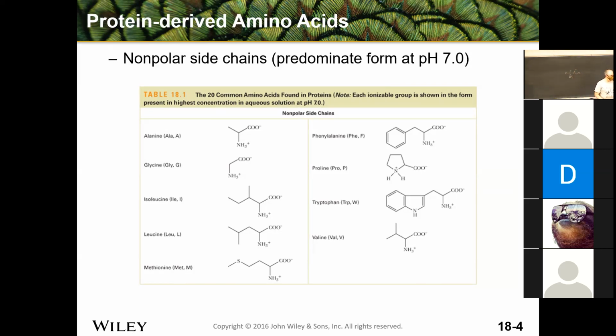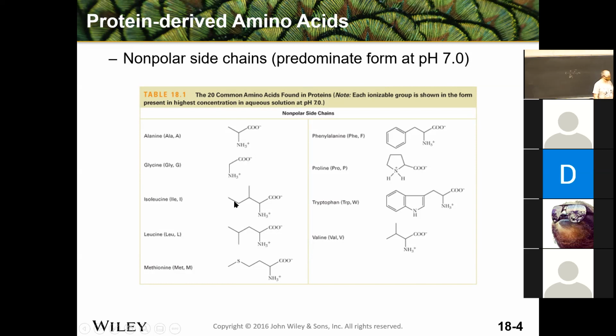So here are some nonpolar side chains. For alanine, the side chain is a methyl. So we've got the carboxyl, amino, hydrogen, and methyl, 4 different groups. Here's glycine, we've got 2 H's, so that's not chiral.